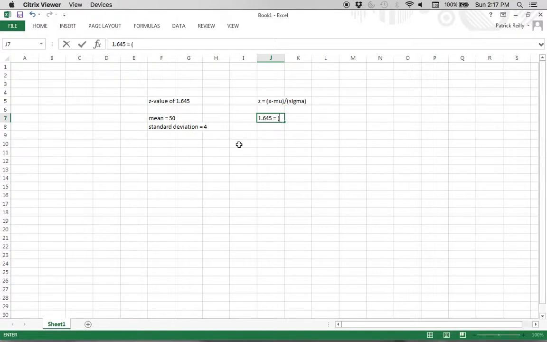So we just plug all this into our formula, and we get 1.645 equals x minus 50 divided by 4. Okay, and now we just solve for x. We multiply both sides by 4. So then 1.645 times 4 equals x minus 50.